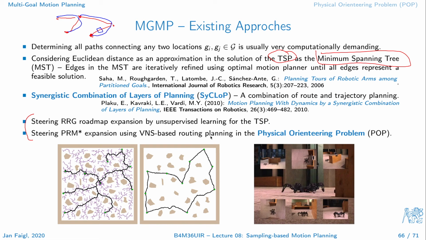And the last method I'm aware of is steering of the p4m star expansion using variable neighborhood search. You already heard about the variable neighborhood search, and it is in the domain of the orienteering problem.